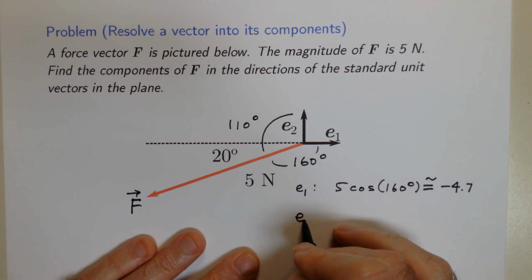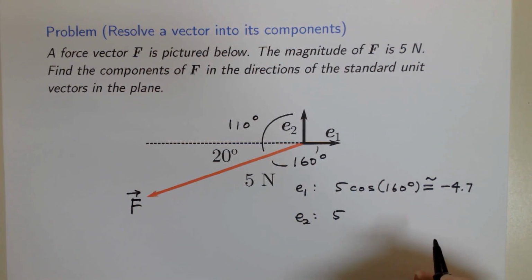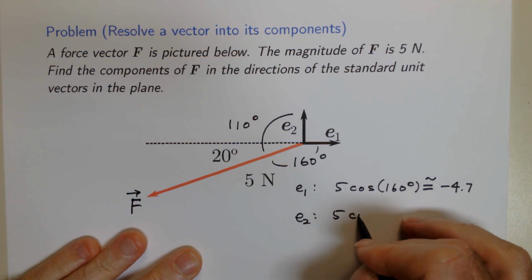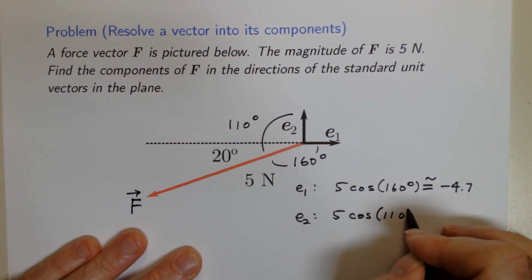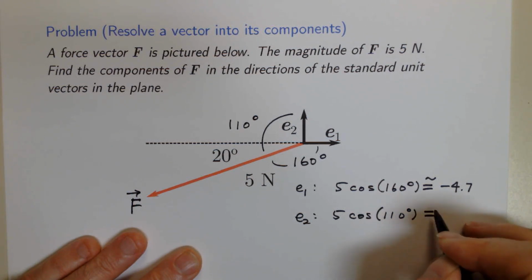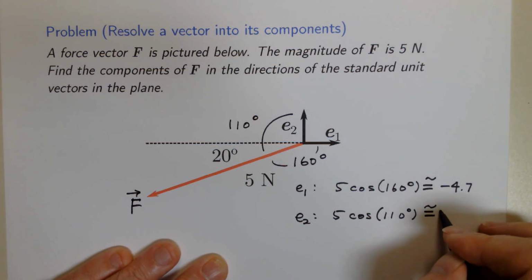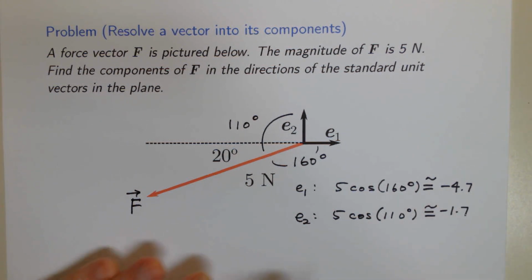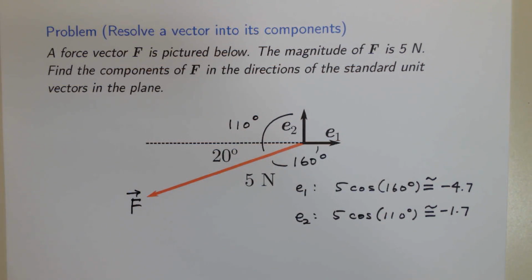And in the E2 direction, we're going to have 5, the magnitude of that force vector, times the cosine of 110 degrees. When you carry out that calculation, again as an approximation, you get negative 1.7. So those are the components of this force vector in these two standard unit directions.